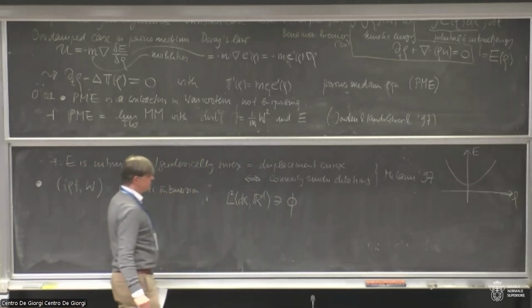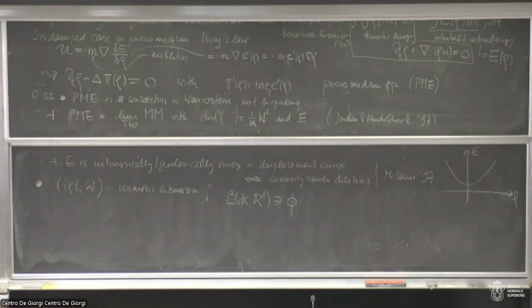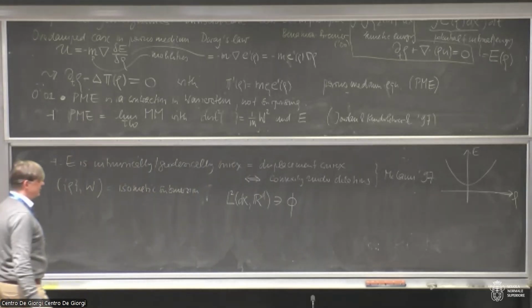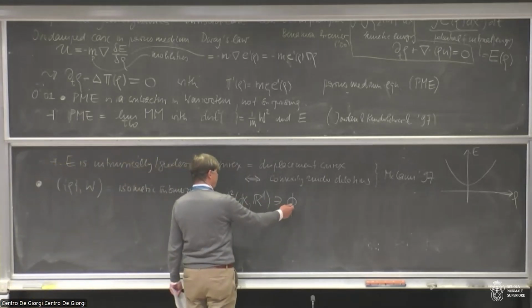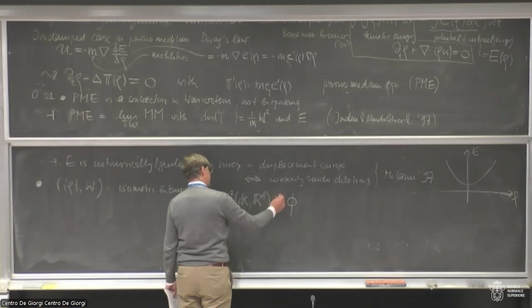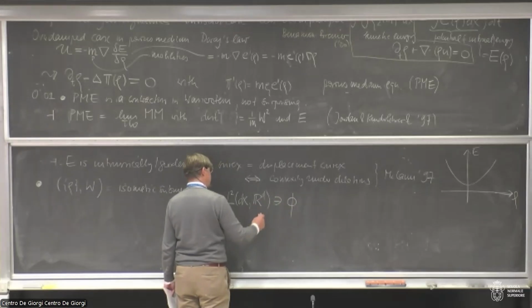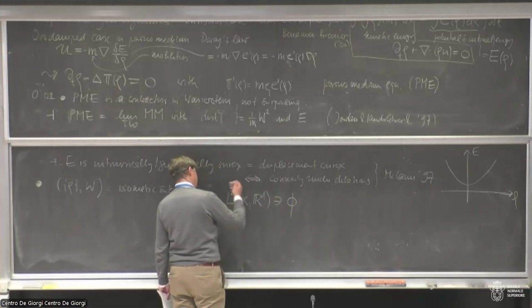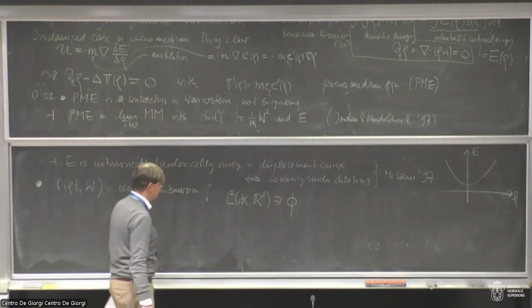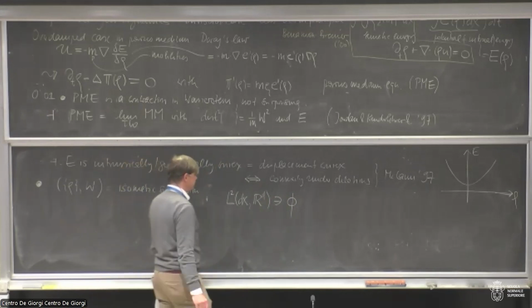the ambient space, which Arnold looked at. He looked at the space of transformations of Euclidean space, and he borrowed the metric from the ambient space, L2 space.